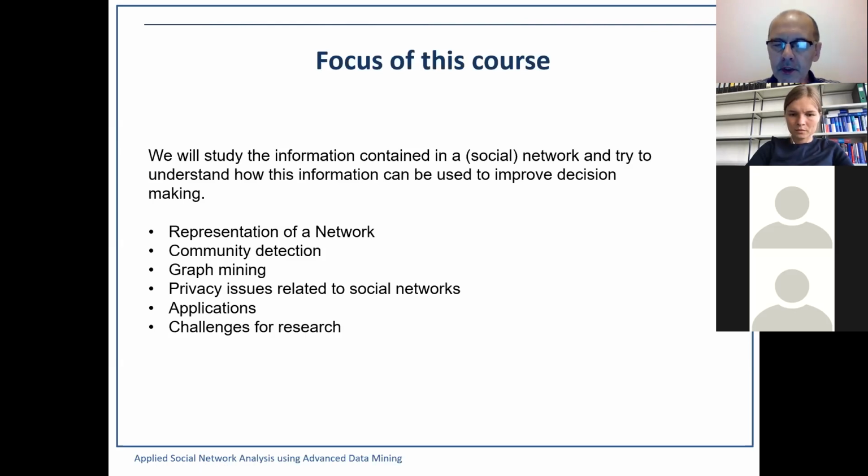Think of a social network, for example, your friends in a social network, Facebook or Instagram. What are the social networks you're using nowadays, Mari? Many: LinkedIn, Instagram, Facebook, definitely. Still Facebook.